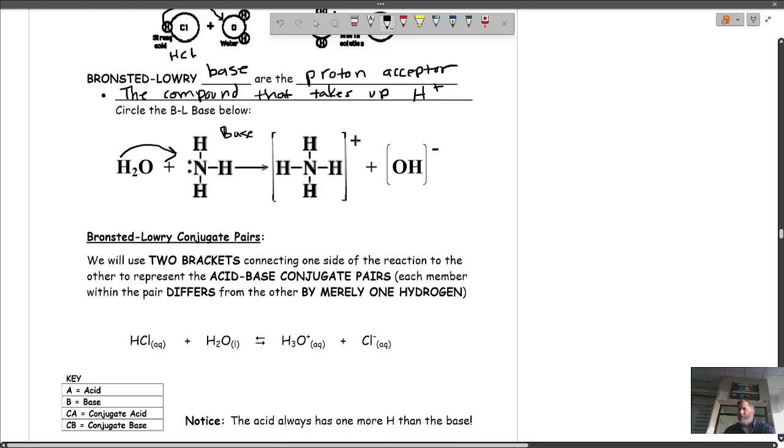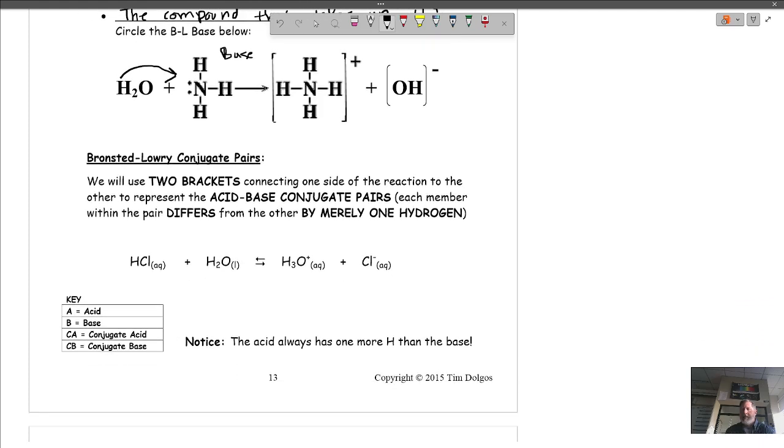This brings up a connection between all of these things. They're called conjugates or partners. So we'll use two brackets connecting one side of the reaction to the other. So when I see hydrochloric acid, you'll see it's connected to the chloride ion because it's the process of giving up a hydrogen.